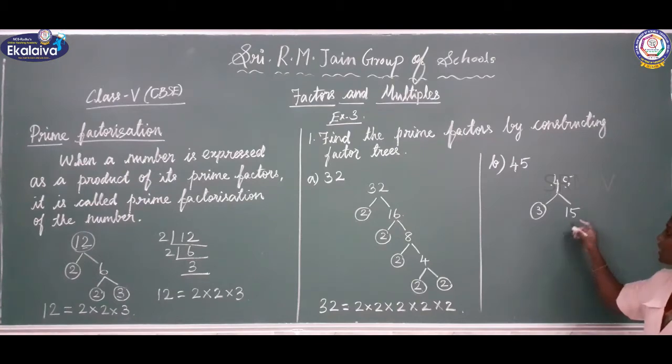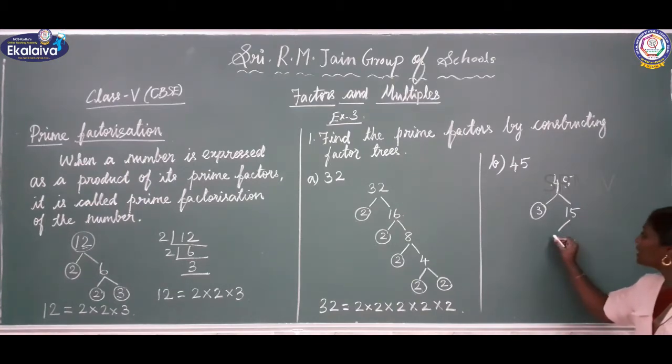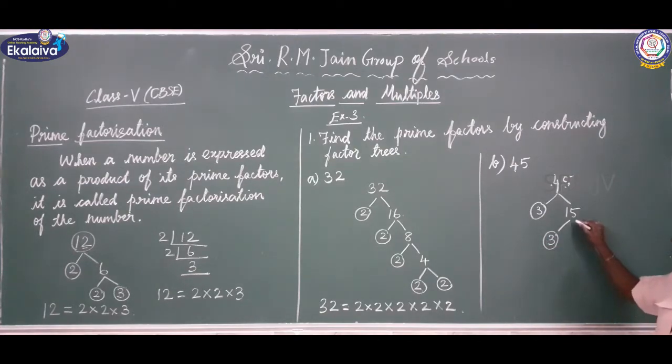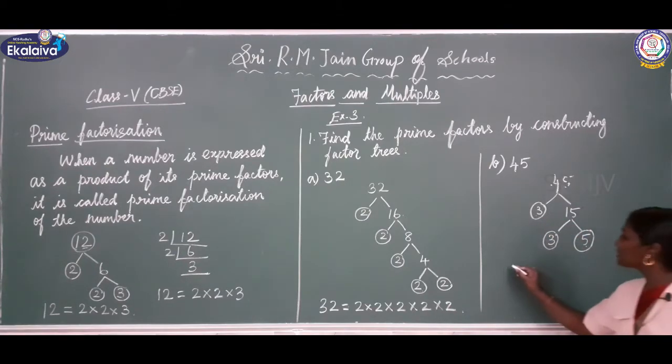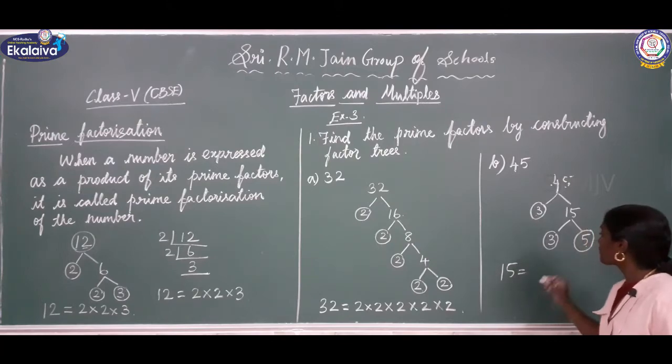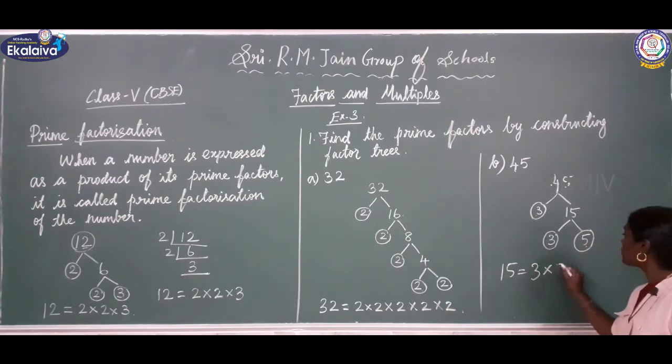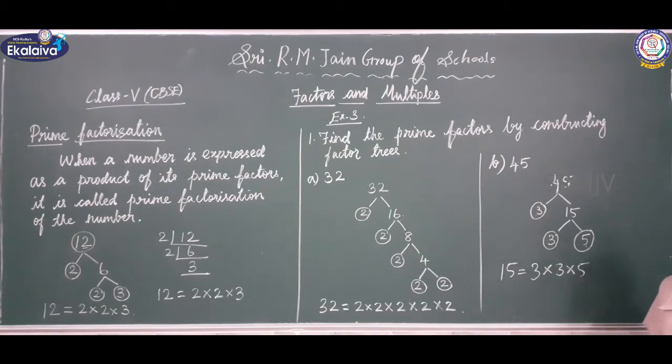Now we have to find the smallest prime factor for 15. That is 3. Again 3 is the smallest prime factor. In 3 table, 3 5s are 15. Here 5 is also a prime number. So we have to stop here. 3 into 3 into 5. This is the prime factorization of 45. Is it clear, children?